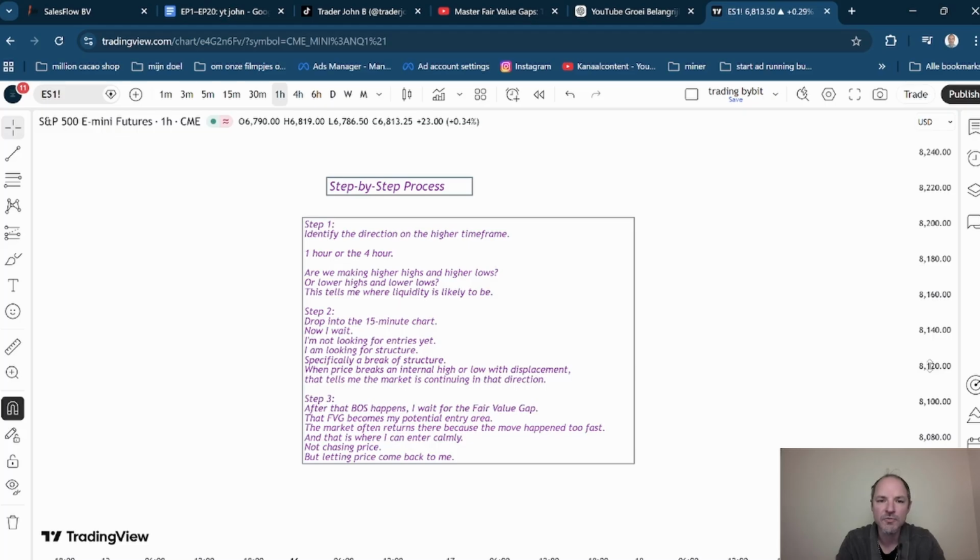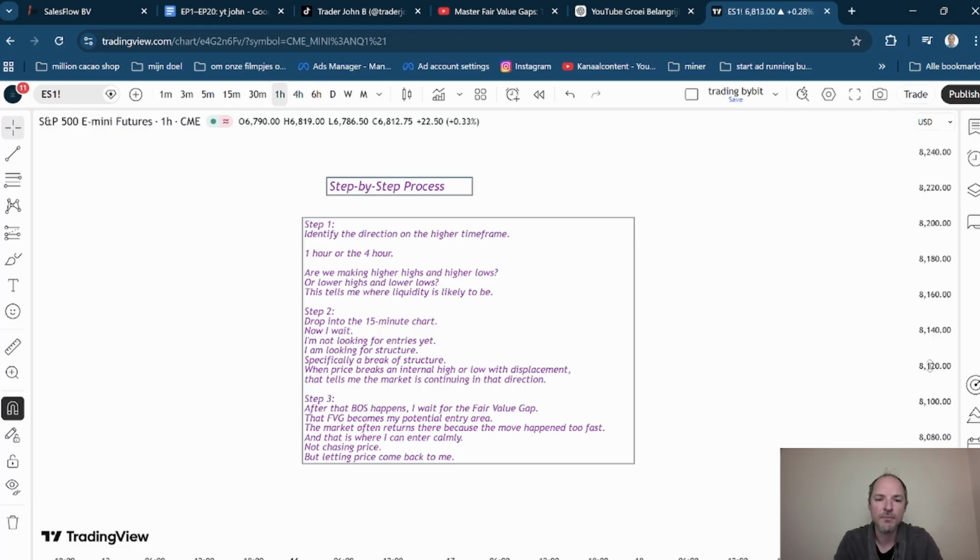After that, we drop down to a 15-minute chart. Now we have patience. We have to be patient until we see the market continue in a certain direction. I'm not looking for an entry yet. We are looking for the structure of the market, specifically a change of character or a BOS continuing in a certain direction.